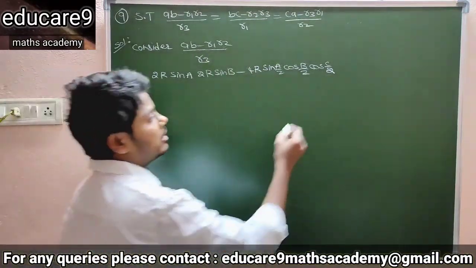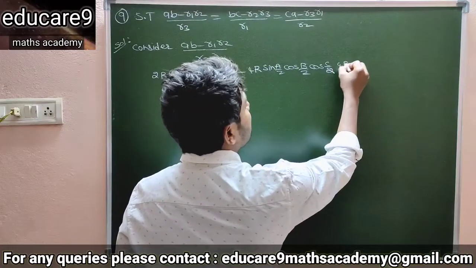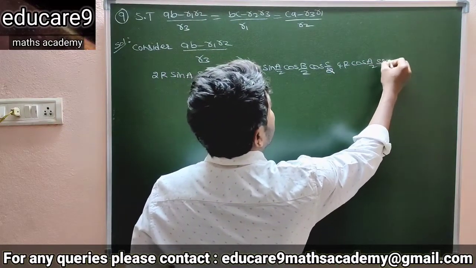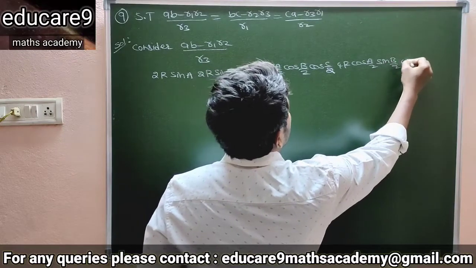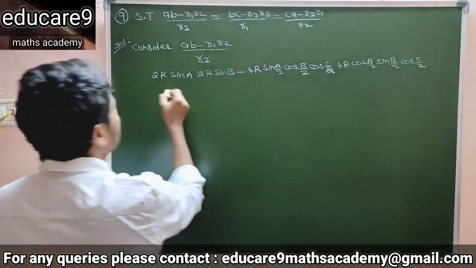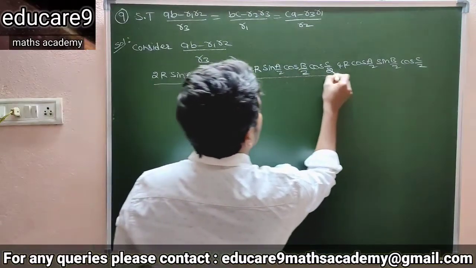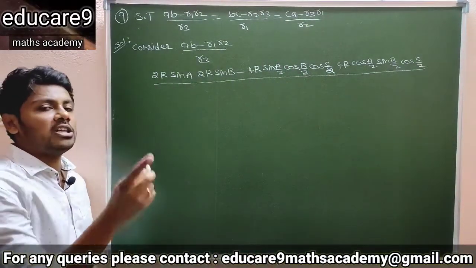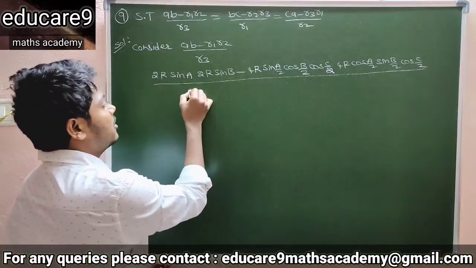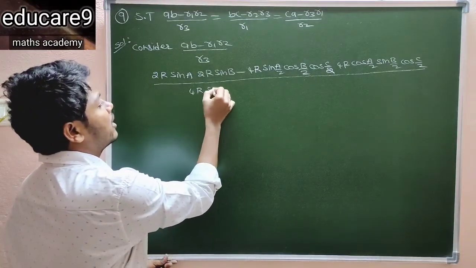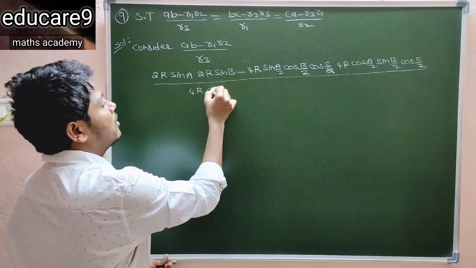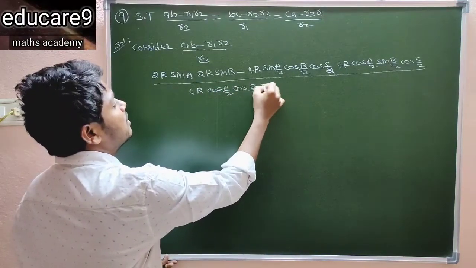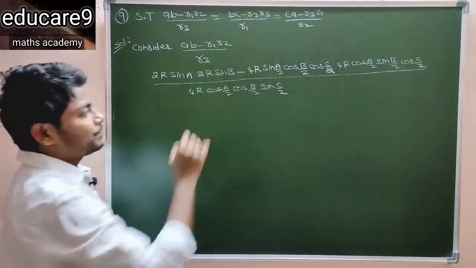Second term is sin, remaining two terms are cos. That is 4R cos A by 2 sin B by 2 cos C by 2. So divide by r3. Suffix is 3. So clearly last term is sin, remaining two terms are cos. That is 4R cos A by 2 cos B by 2 sin C by 2.